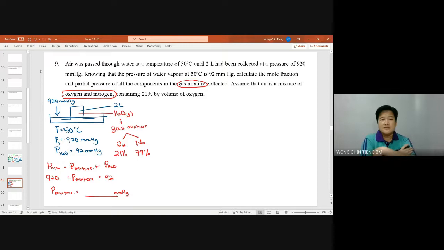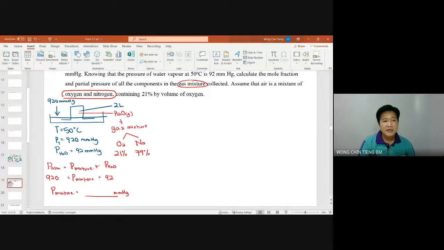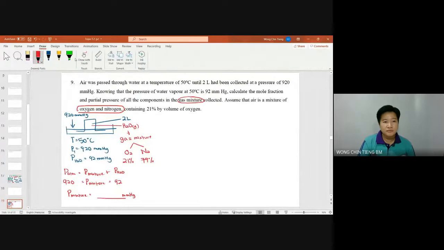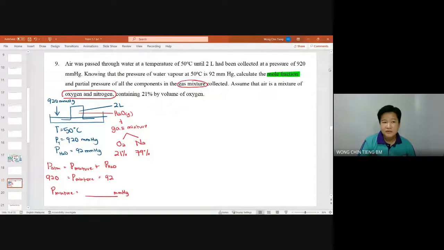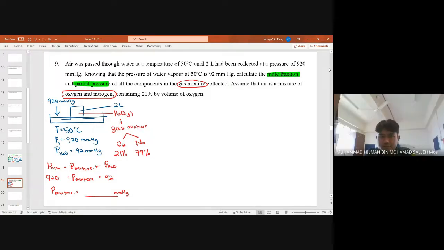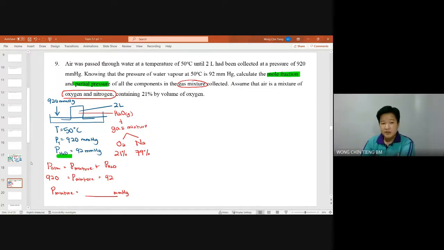Soalan tanya, again, the trick of the question kadang-kadang dia buat jahat kat kamu adalah dia tanya mole fraction dulu. Soalan saya, if this question is coming out, senang nak kira mole fraction ke senang nak kira partial pressure dulu? Kalau dari awal kamu ada semua adalah pressure, partial pressure. Sebab semua yang kamu ada is a pressure.